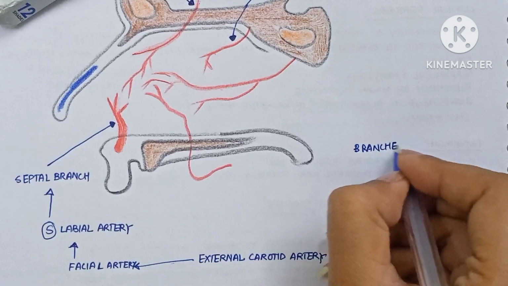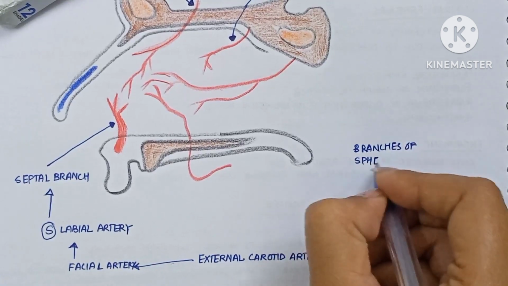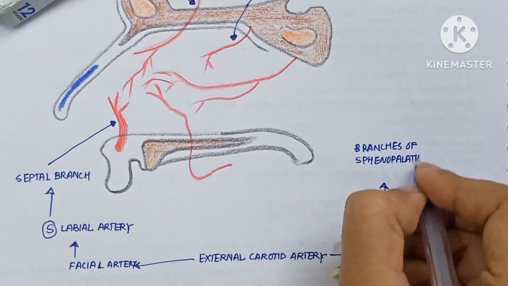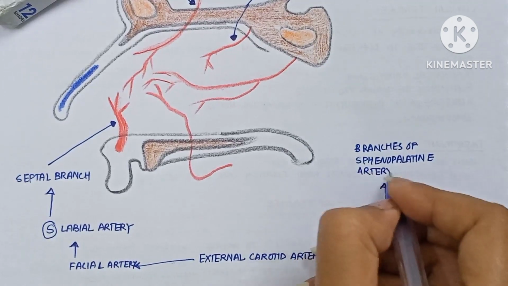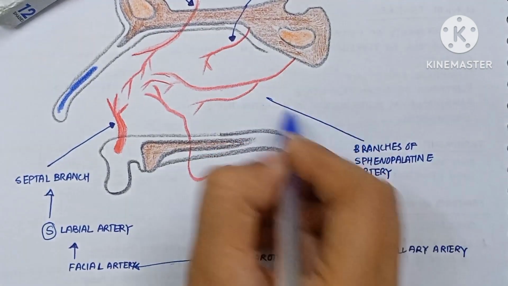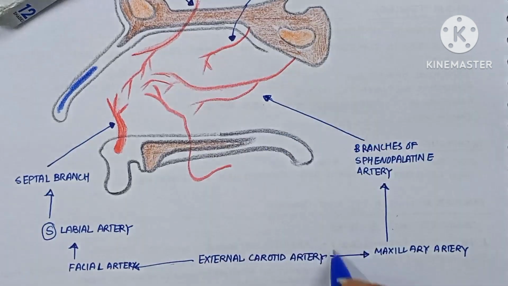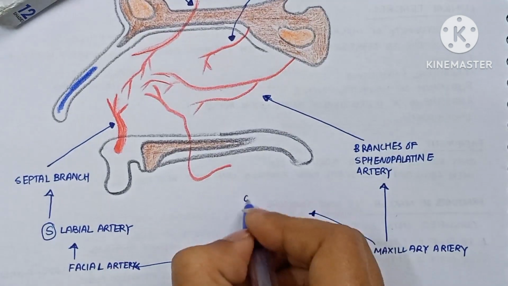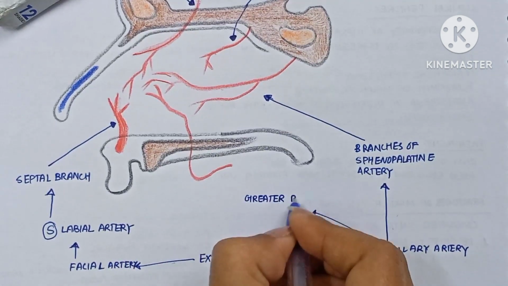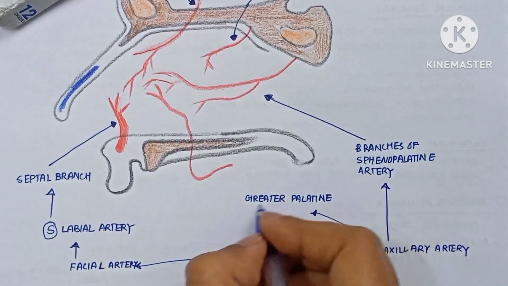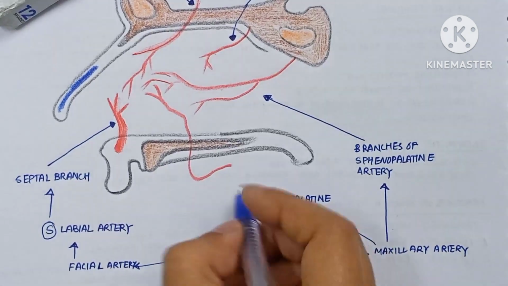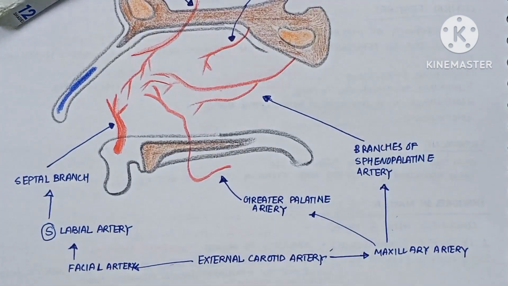The sphenopalatine artery runs through the sphenopalatine foramen, which is present 1 centimeter behind the posterior end of the middle turbinate, and enters into the nose and supplies the septum. Another branch is the greater palatine artery, which runs through the greater palatine foramen and supplies the palate and runs upward to supply the nose.